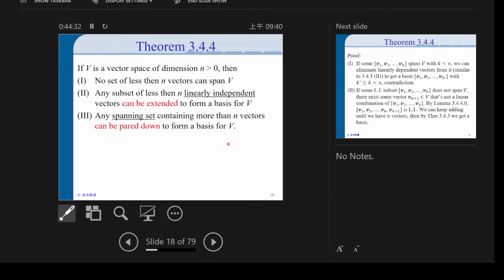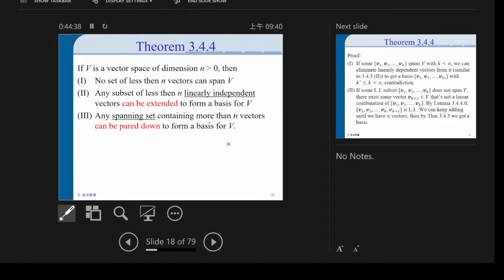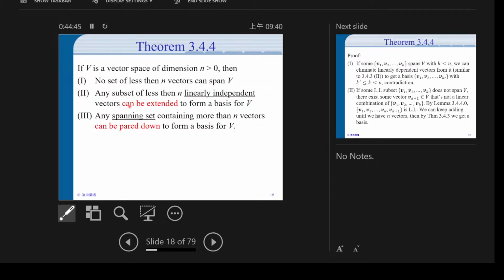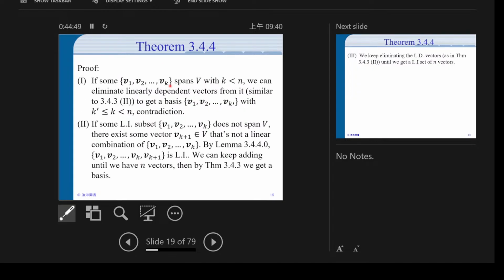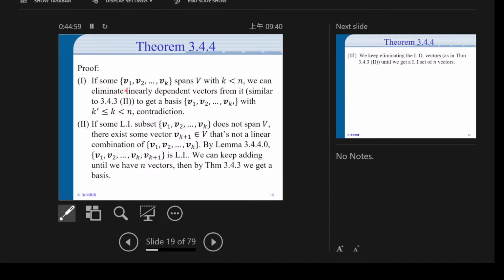So we have 1, 2, 3 to prove. The first one is quite obvious. It almost directly follows from theorem 3.42, where we say any basis must have n vectors. We only need to do something to make this look like a basis. So we are missing a little bit here.